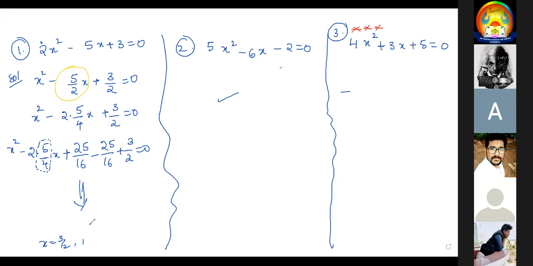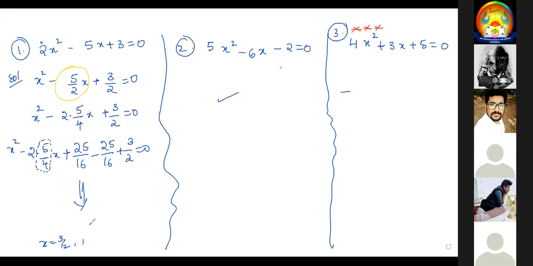If the answer is coming in negative, what will happen? Sir, no real solution. Yes, absolutely, you're correct. No real solution, but why? Because it's coming as the square root of a negative number. What is the square root of a negative number?